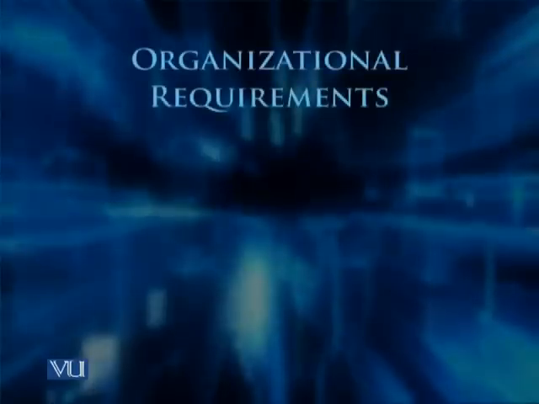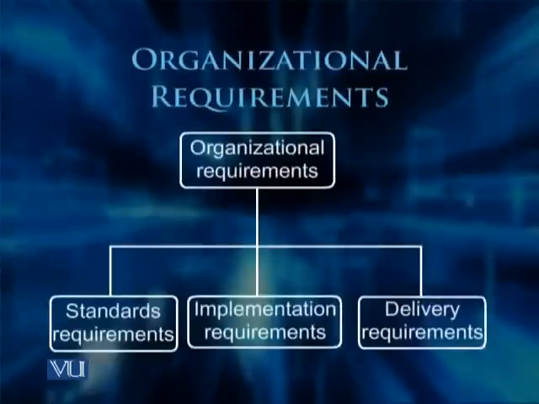Then we take up the second type of non-functional requirements, which are organizational requirements. Organizational requirements are standards requirements, implementation requirements, and delivery requirements. These deal with the aspects of the organization of both the software development side and the user side.